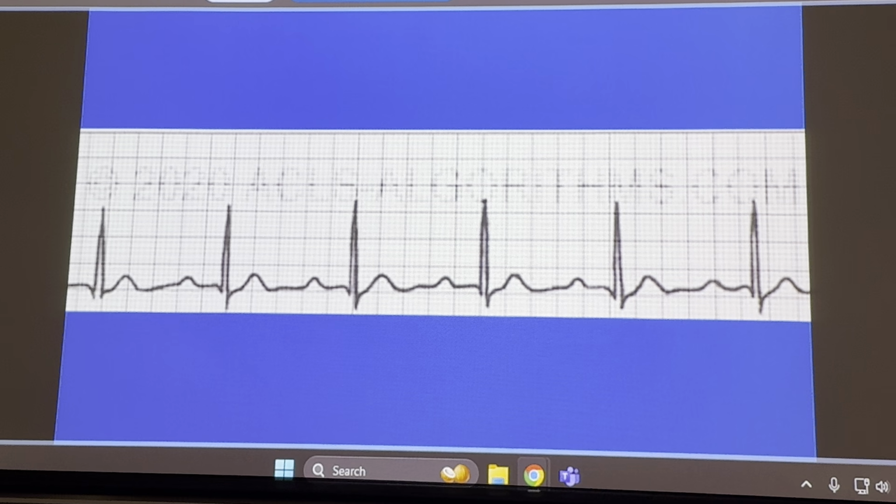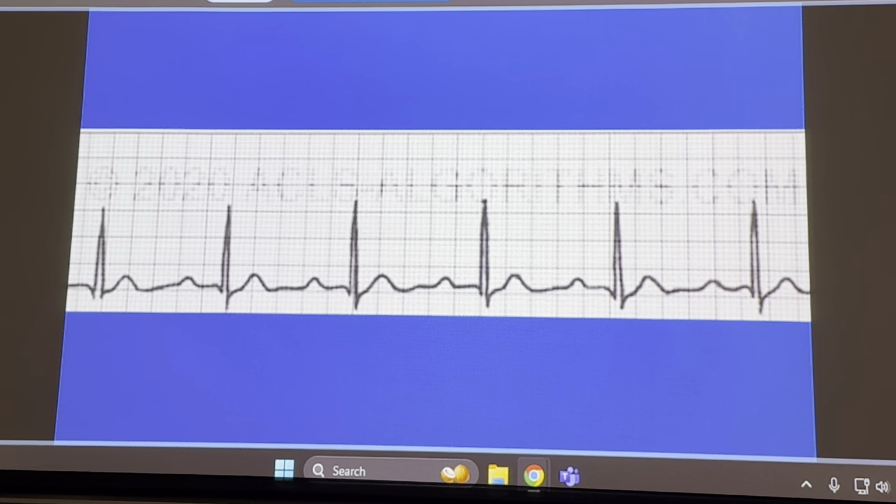Very regular spacing. So let's look at our PR interval. Very hard to tell in here, but it's pretty prolonged, right? Is it a first degree? It is a first degree, good. So we have a very prolonged PR interval. Is our PR interval getting longer and longer and longer, or is it consistently prolonged? It's consistently prolonged, right? It's not changing up.